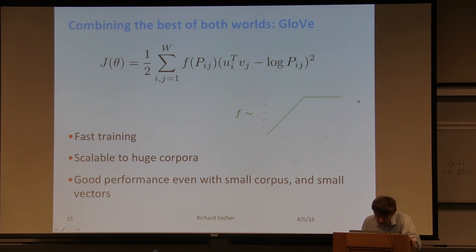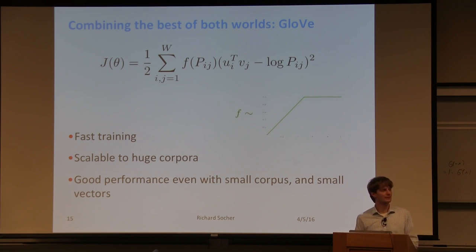We basically don't want to force the very large counts to dominate the entire objective function. So we cut that off and have a linear scaling until then. Does that make sense? Otherwise the model would spend a lot of its parameters making sure to capture that the and cat, and he and has, appear very often together, and it would dominate the rest of the model and the rest of the optimization.